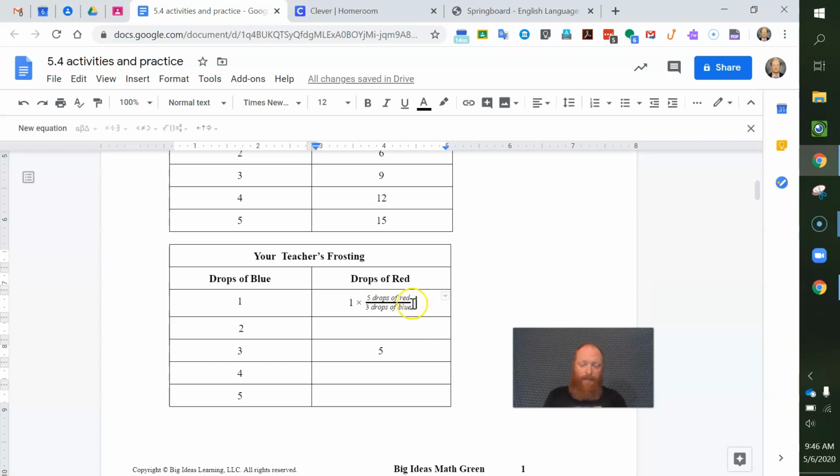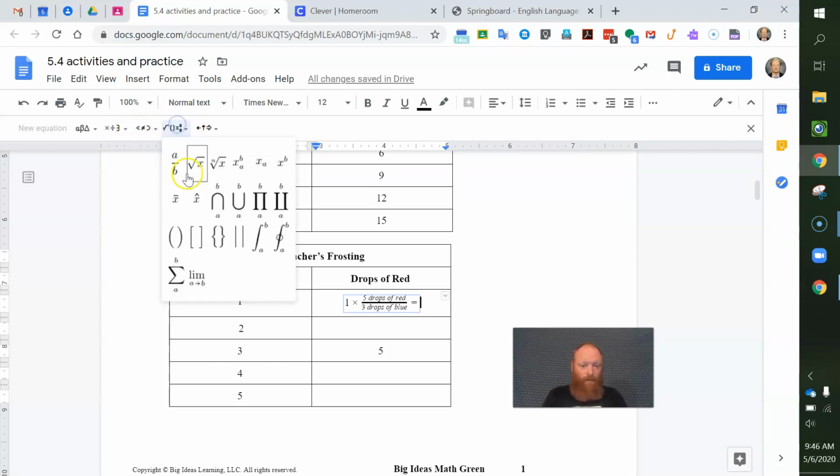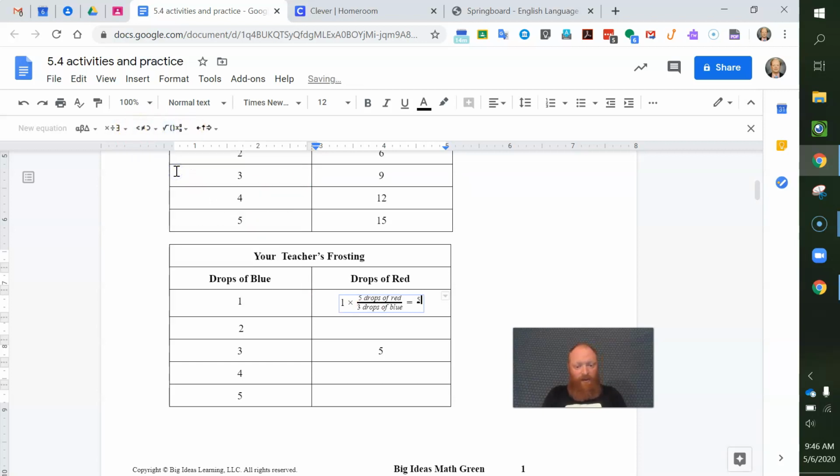this is equal to the fraction 5 divided by 3.